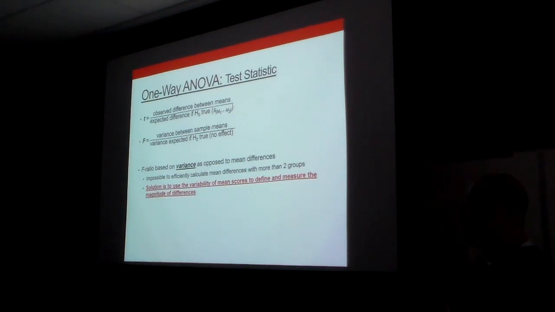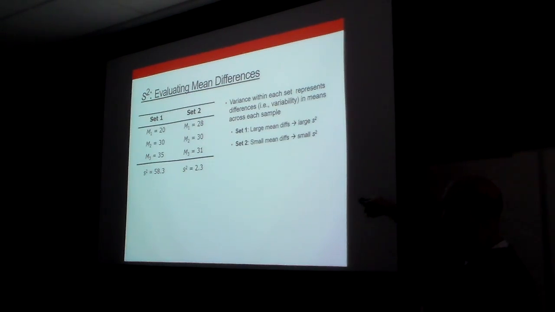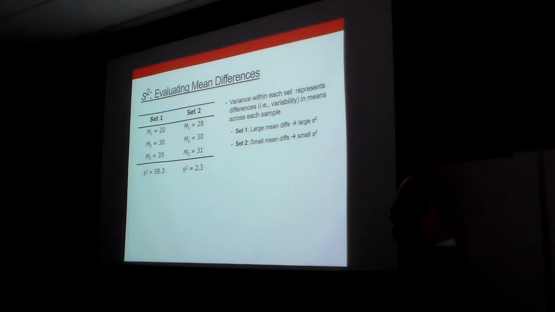Okay? So is that the range over the 4 means? Not the range. So take a look. Using our variance as a proxy for mean differences, we've got set 1 and set 2. Set 1 has means of 20, 30, 35. Set 2 has means of 28, 30, and 31.